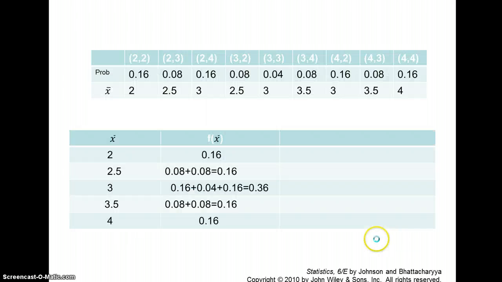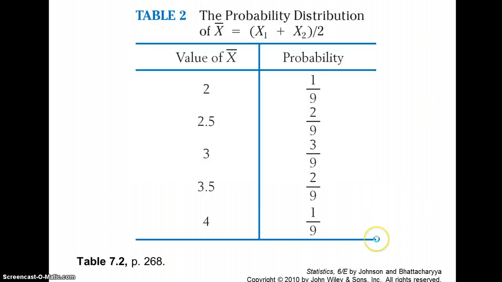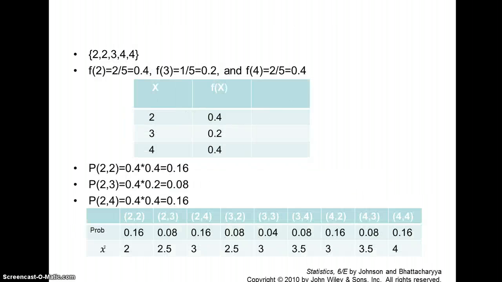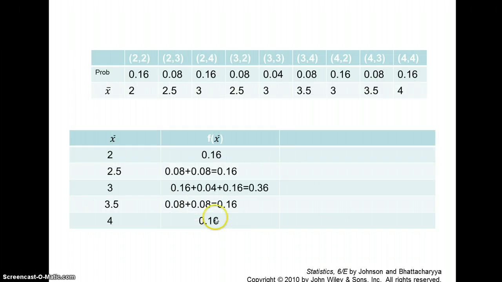So that's the table we actually constructed right here. For each value we get a corresponding probability. And we want to find the expected value of x bar. If you recall, we had a formula before.